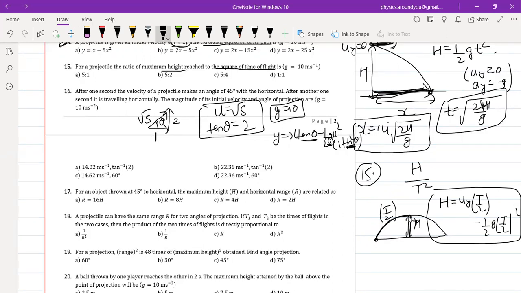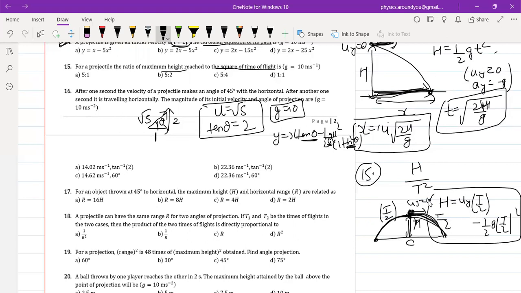Either I can write this, or I can use the fact that the time taken to reach the maximum height is also t by 2. At the same time, the time it takes for the projectile to reach the ground from the maximum height is also t by 2. And what was its initial velocity at that point? At this point, the vertical component is again 0, right?